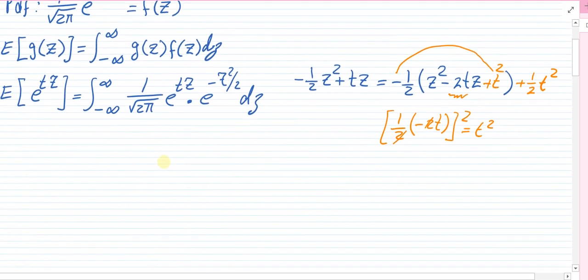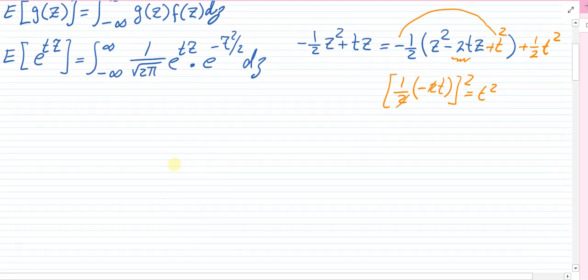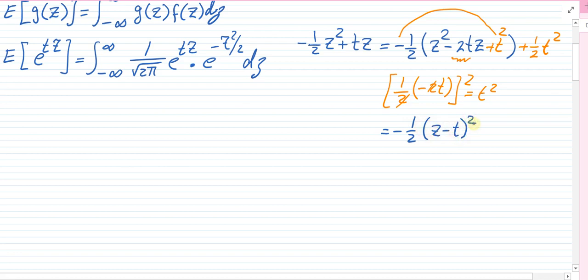Next, I'm going to rewrite what's in parentheses. This is going to become negative 1/2 times z minus t, quantity squared, plus 1/2 t squared. That's what we're going to take to our integrand when we do our integration.